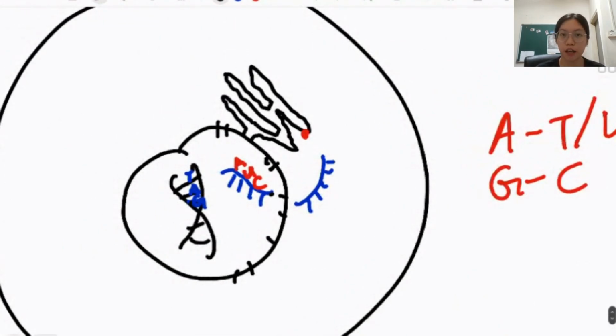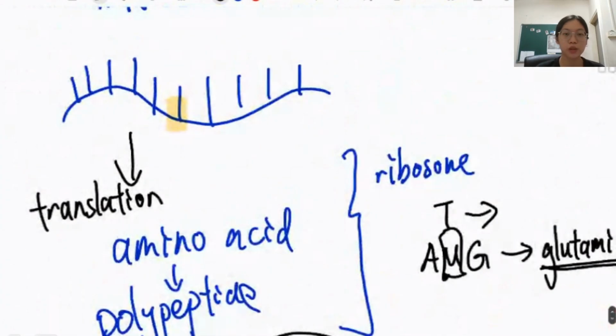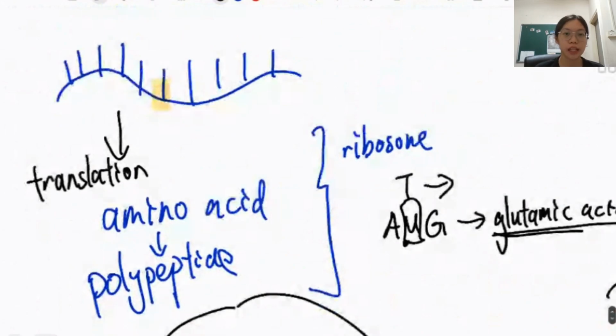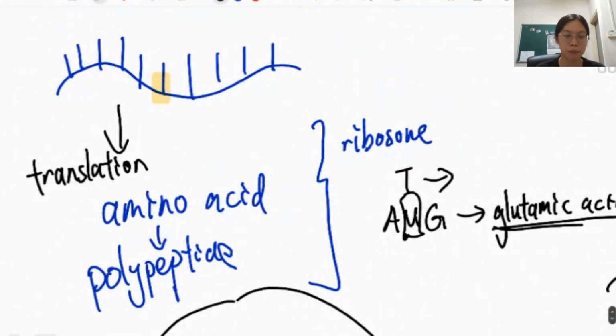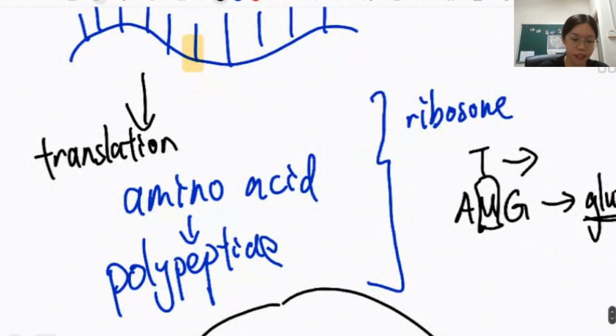The ribosome is attached to the rough endoplasmic reticulum, right? So that is where the translation process occurs. What happens in the translation process is that amino acids will be formed. Normally we look at the codon, which is a triplet code, and then it will form a specific amino acid.